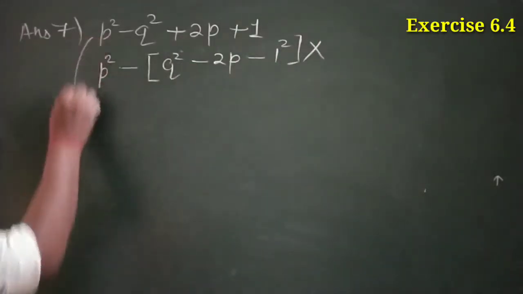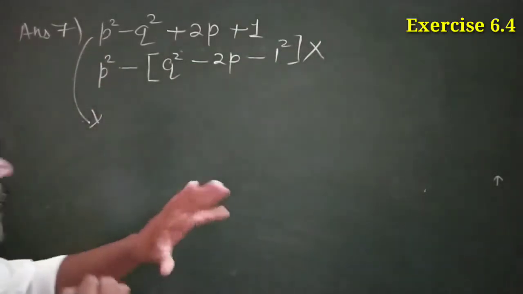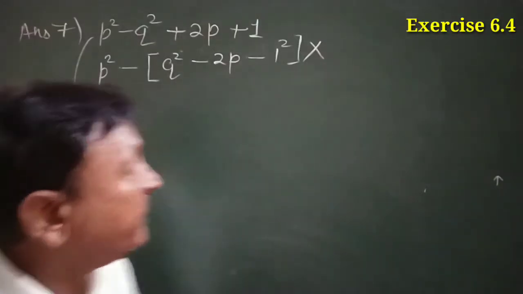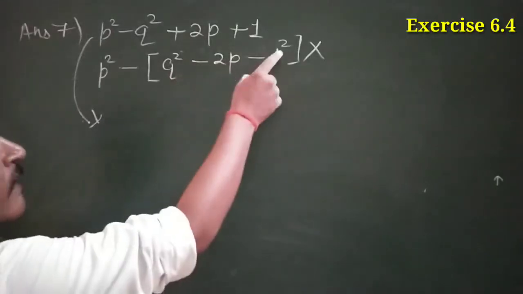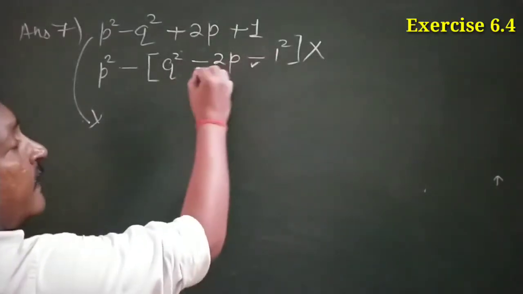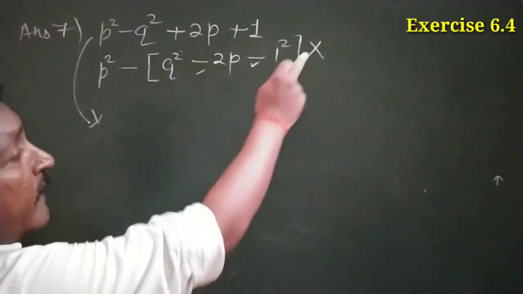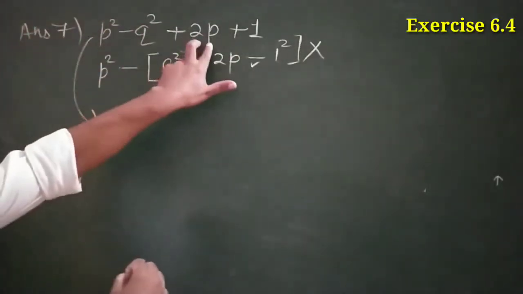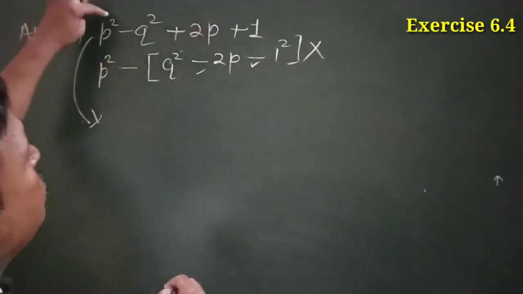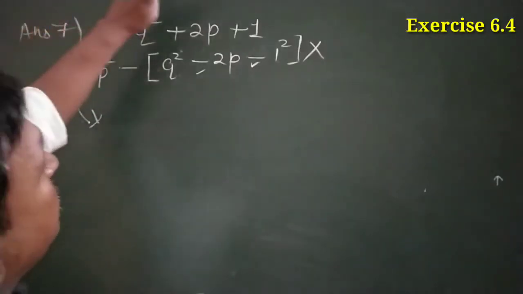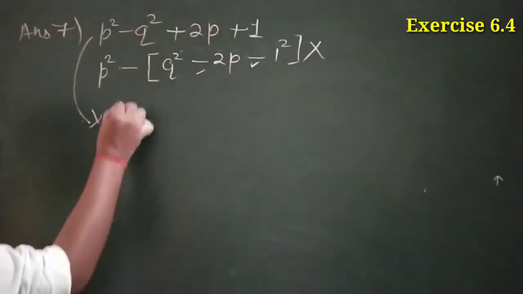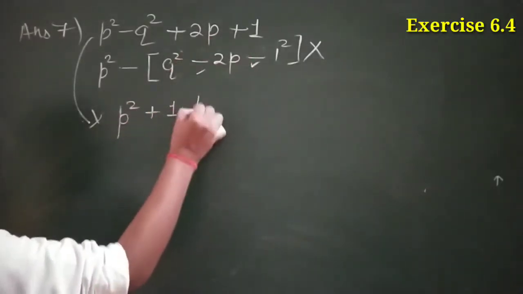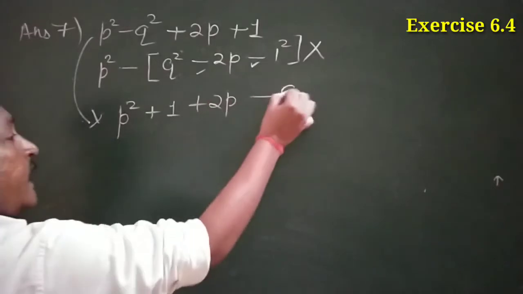So think again about the combination. We have to convert it into the form of an identity. A square, if I take 1 also, but both the signs were coming negative, that's why I cancelled it. So p square is here, 1 is here. We can use the first term, third term and fourth term. Just write p square plus 1 plus 2p minus q square.